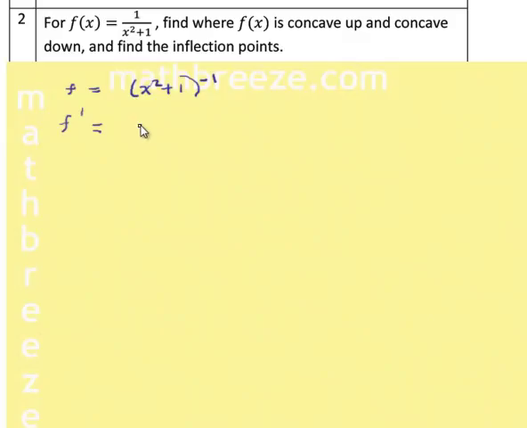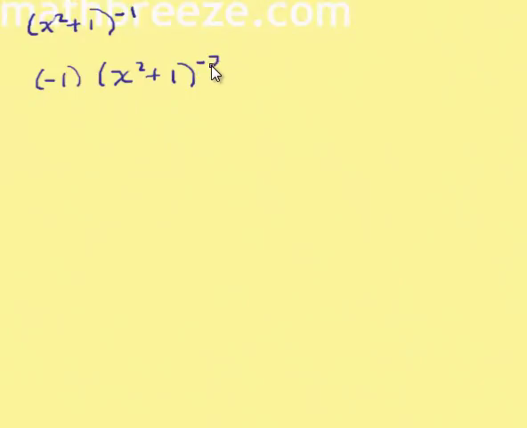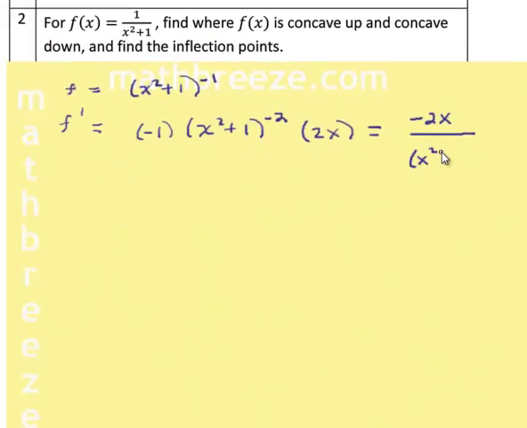Bring down the minus 1, x squared plus 1, subtract 1, and we have minus 2. Then by the chain rule, we multiply by 2x. So the derivative is minus 2x over x squared plus 1 squared.